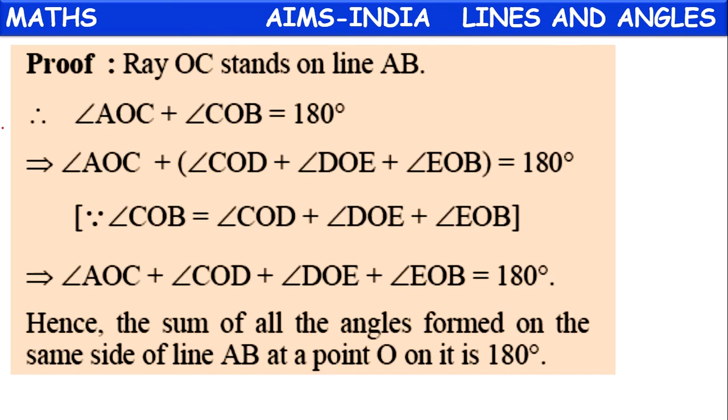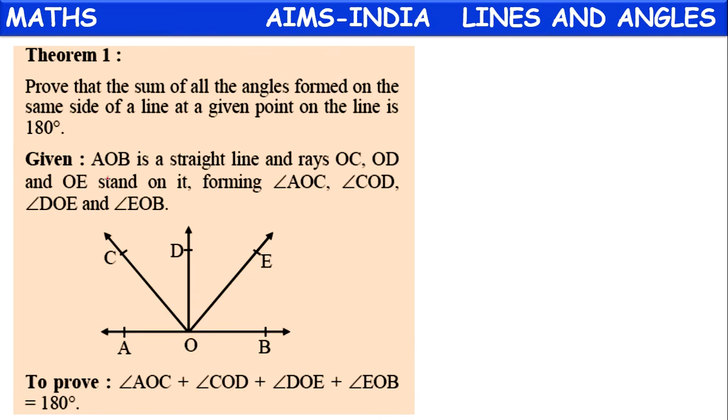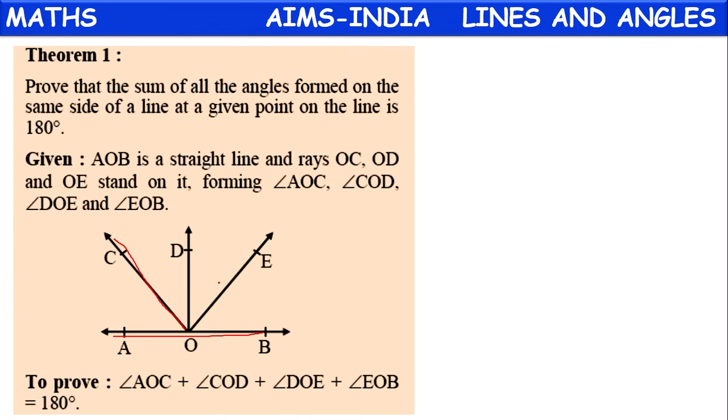So for this, let's do the proof, children. Here ray OC stands on line AB. Suppose AB line is there, and here O is there.